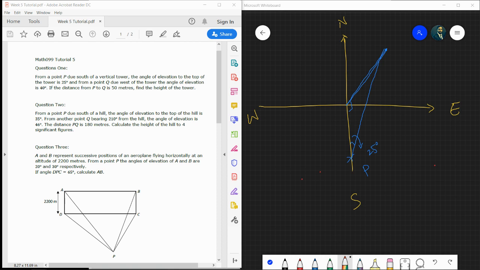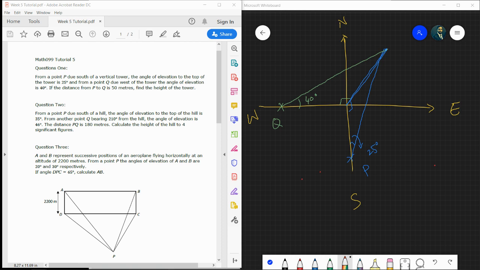And then a point Q due west of the tower. So let's do it with a different color. This is, let's say, Q. A different point, angle of elevation is 40 degrees. So same tower, this is 40 degrees. Now you can also think that this is standing tall, so this must be 90 degrees.